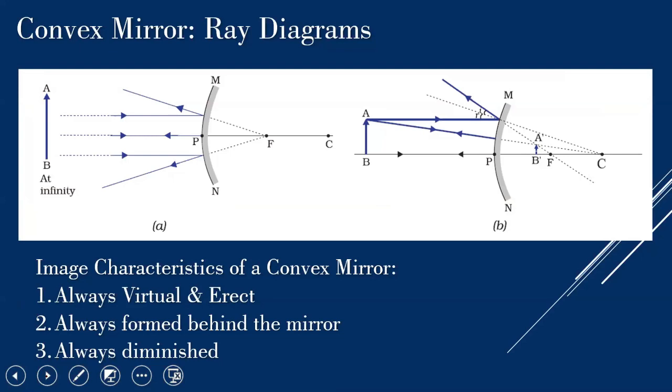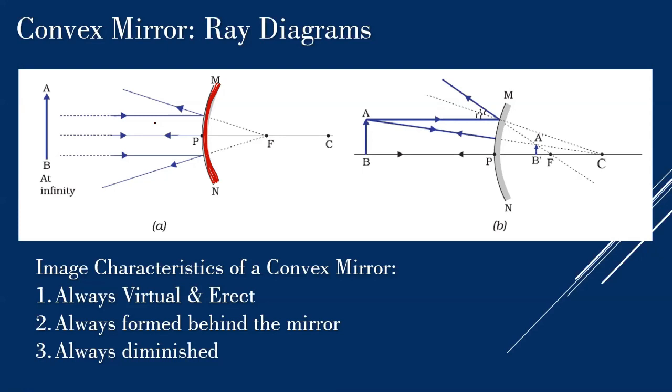See over here. As you know, a convex mirror is like this. Okay, the bulged out portion will be the reflecting portion. It's a diverging mirror. So when a parallel incident ray touches the convex mirror, the rays are diverged out. After diverging out, we know that they are not going to meet in front of the mirror in any way.